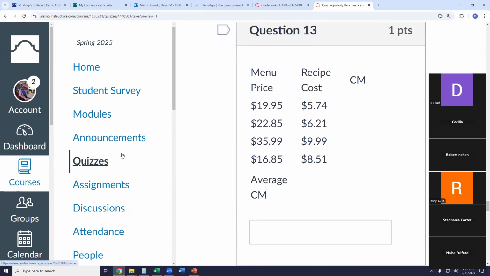Okay. So if I add up all of these items' contribution margin, first I have to subtract: 1995 minus 574, 1421. Okay.